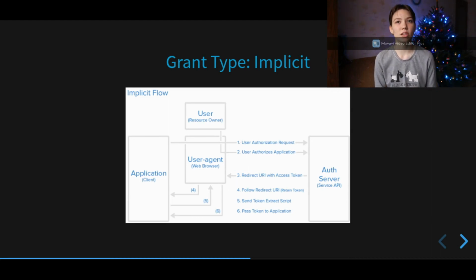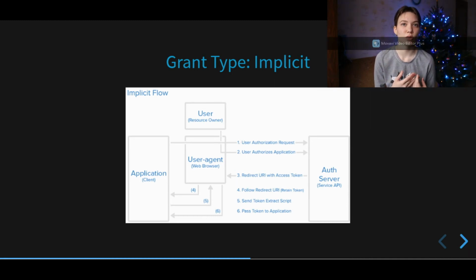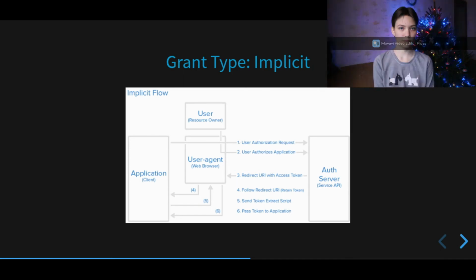The implicit grant type is also a redirection-based flow, but the access token is given to the user agent to forward to the application, so it may be exposed to the user and other applications on the user's device. Also, the flow does not authenticate the identity of the application.